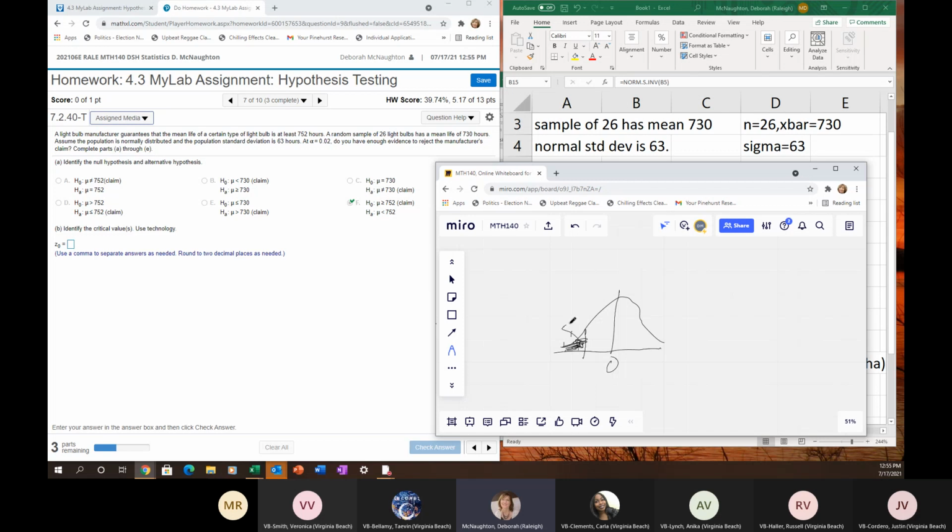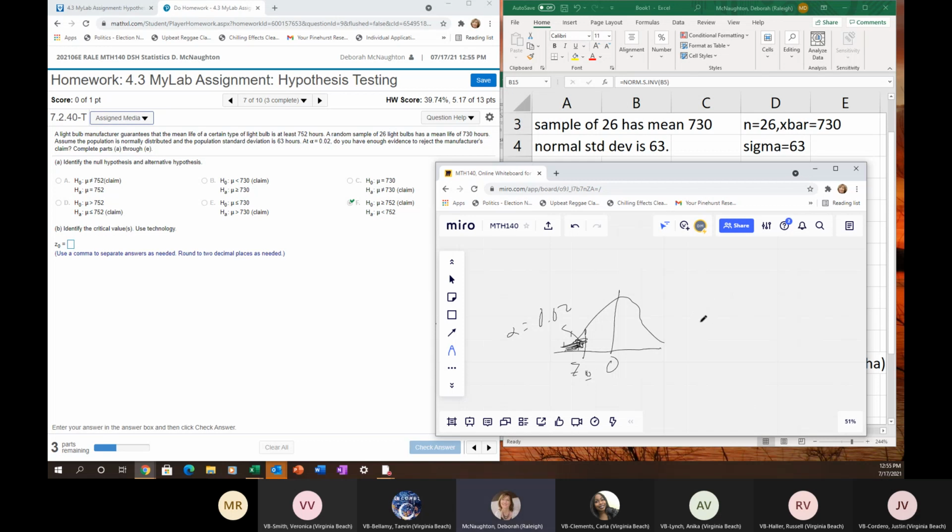So if I have a left-tailed test, then it's out here, the 0.02, and this is alpha. And this gives me that Z naught. So when I use that norm.inv and I put in the 0.02, what I get is the Z naught that corresponds to a left-tailed test.